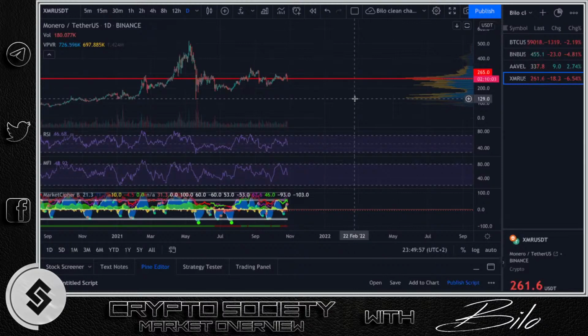I actually think that it's possible that the reason why it's ranging is because there was a bit of talk about regulation on privacy coins, and so therefore it's not being traded quite as much, and nobody's quite so bullish on it because there's that threat that the SEC might come down heavily on them. Maybe.